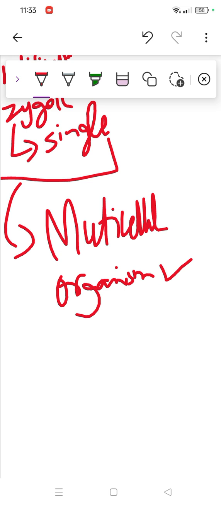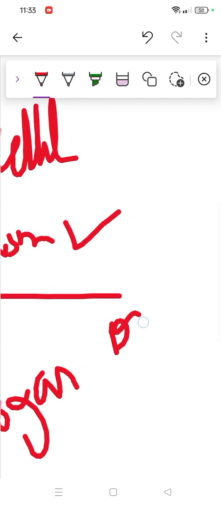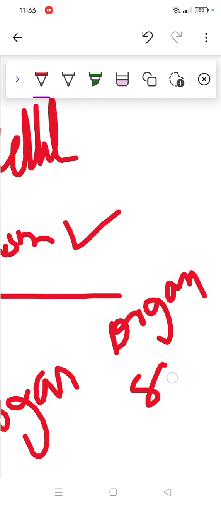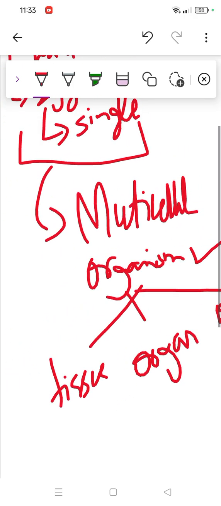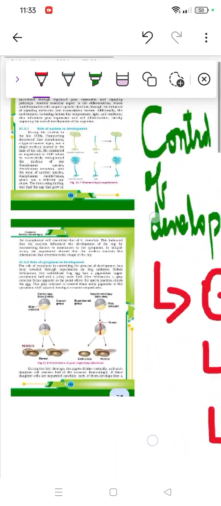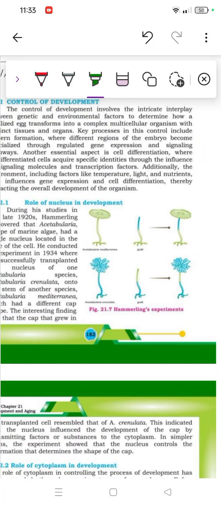This means they turn from unicellular to a complete multicellular organism that would have tissues, organs, even organ systems. So you see, everything is quite natural, and we are so blessed with all this. This is quite a small topic, and I hope you get to know more things when we read this.